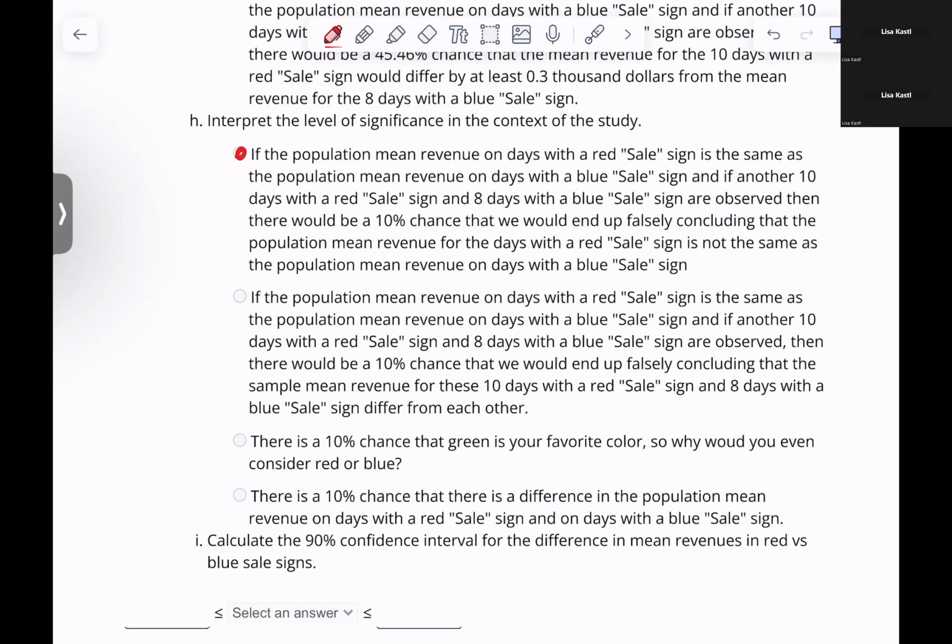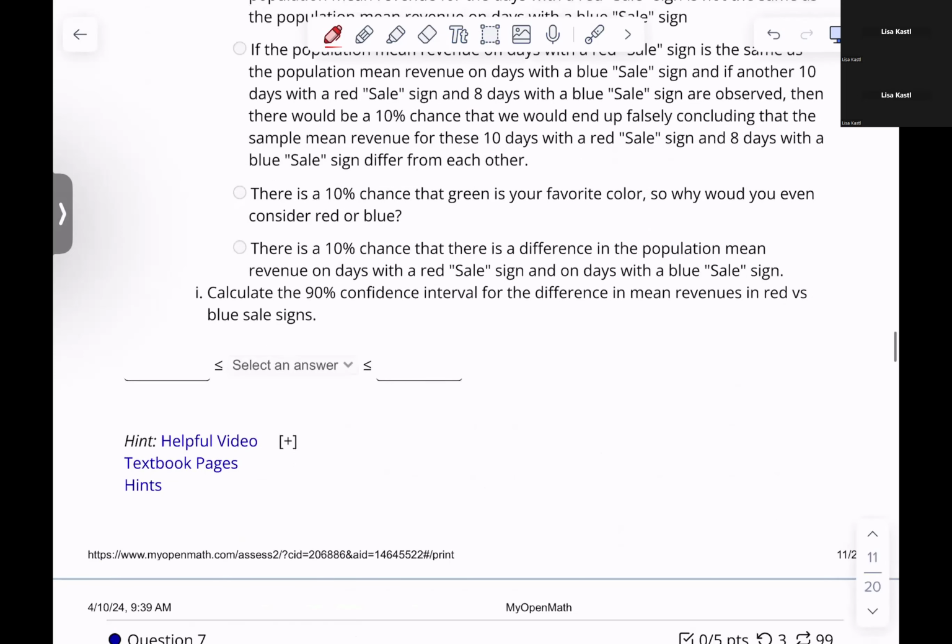There you go. Now it's going to ask you to calculate a confidence interval. So you're going to be calculating a confidence interval on a 2-sample test. This middle is going to be mu1 minus mu2, because you're looking at the difference in the means. Are they different?